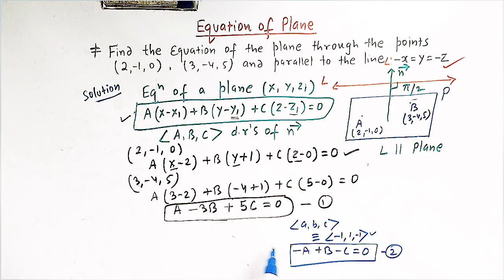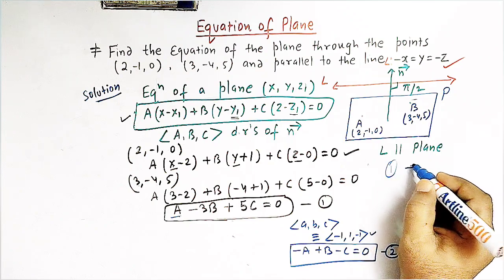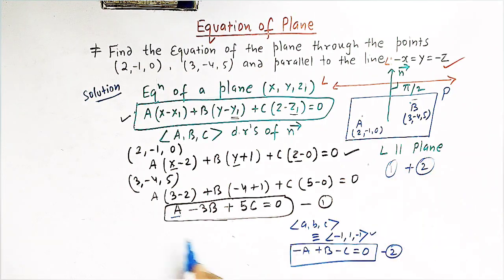So the first step is to select a variable and eliminate it from these two equations. Here it is easy to eliminate the variable a by adding these two equations. So when we add 1 and 2, then a and minus a get cancelled.